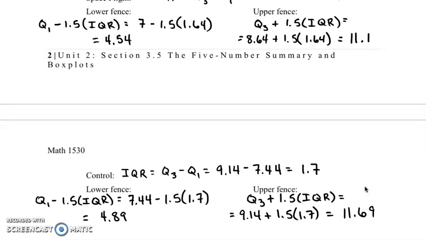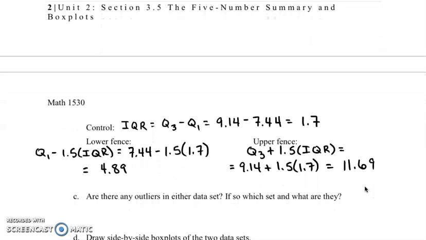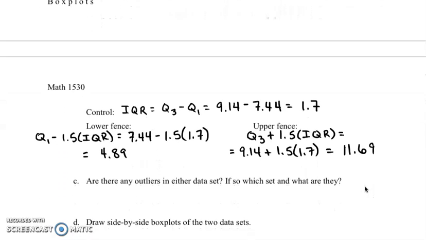If you look at the data sets for the control, we also don't have any numbers that are smaller than 4.89, which is its lower fence, or larger than 11.69, which is its upper fence. So we have no outliers in either data set.